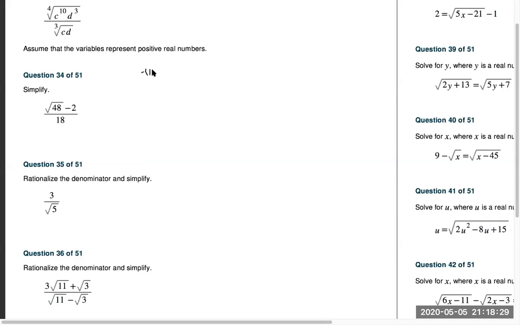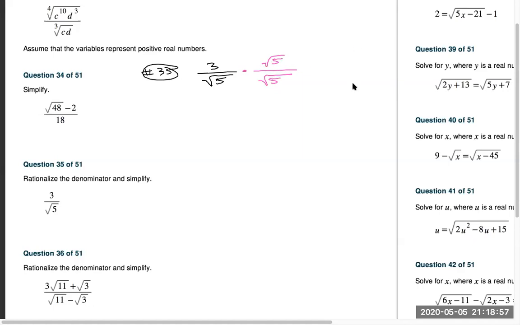All right, so for number 35, I'm essentially thinking, how can I multiply the top and the bottom of my fraction by something that turns this 5 into a non-radical item? Well, multiply radical 5 by itself.